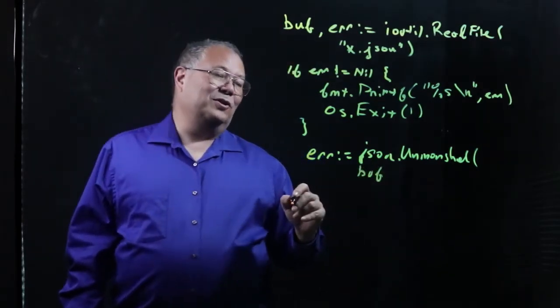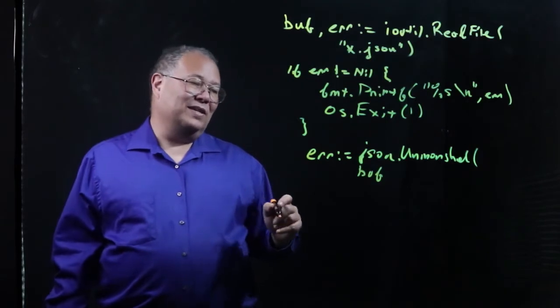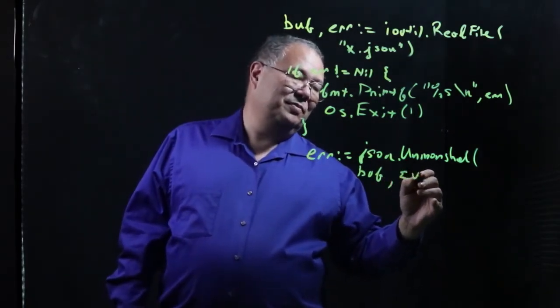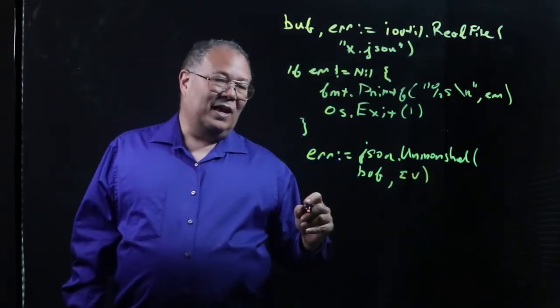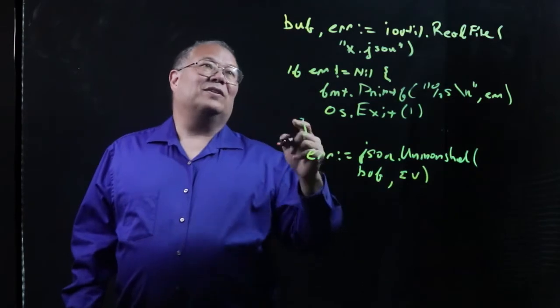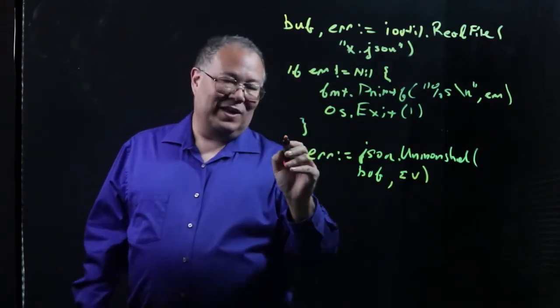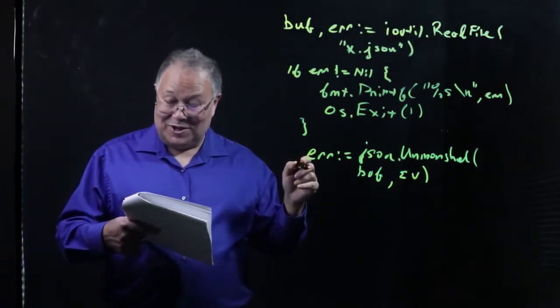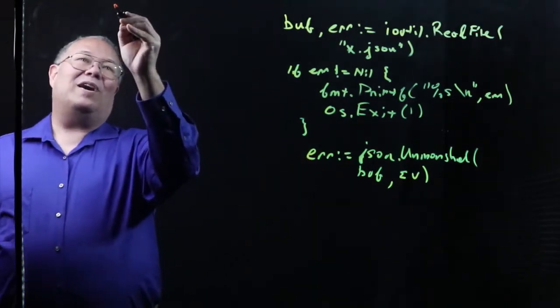Conveniently enough, Unmarshal takes a byte buffer as its first parameter, and the address of a variable. And I'm going to sneak in here that the variable got declared. We'll sneak it in right here. We'll do a little arrow. You wish you could do this in your code, but you know, whatever our type is.